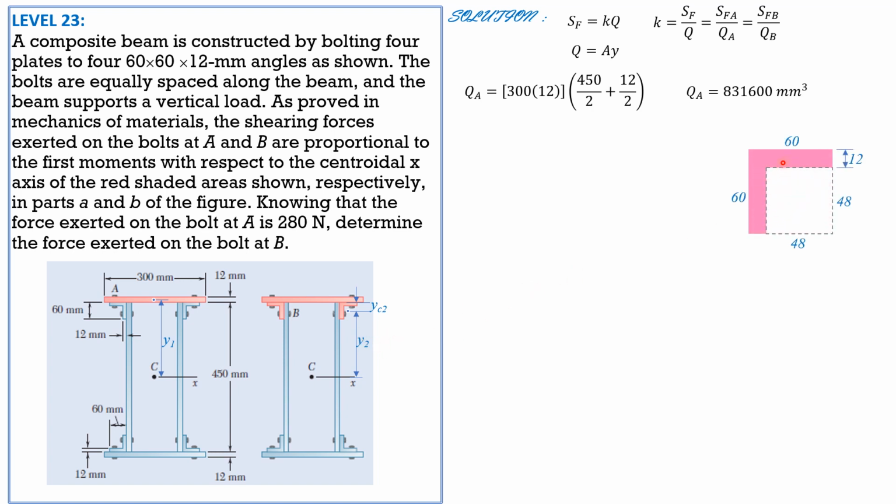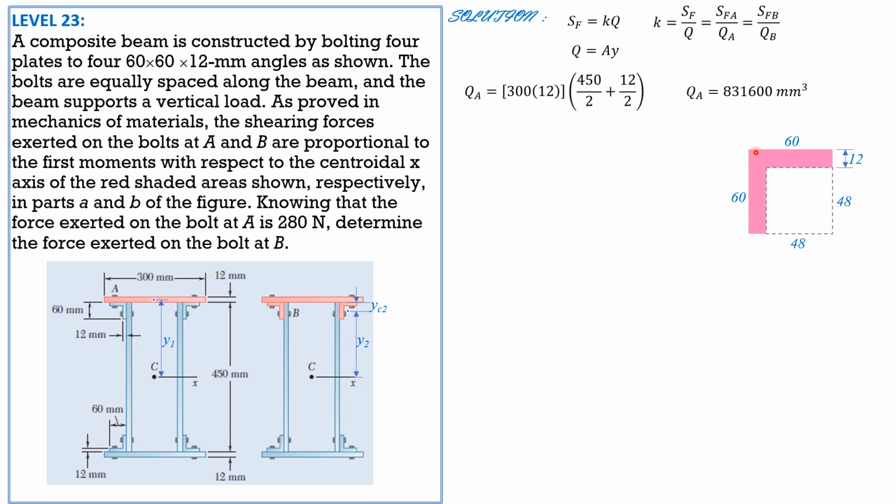So this is the enlarged angle, 60 by 60 by 12 thick. Therefore, this shaded area is simply the area of the big square, 60 squared, minus the area of this imaginary square, which is 48 by 48, where 48 is 60 minus 12. So this is 60, the thickness is 12, so 48.